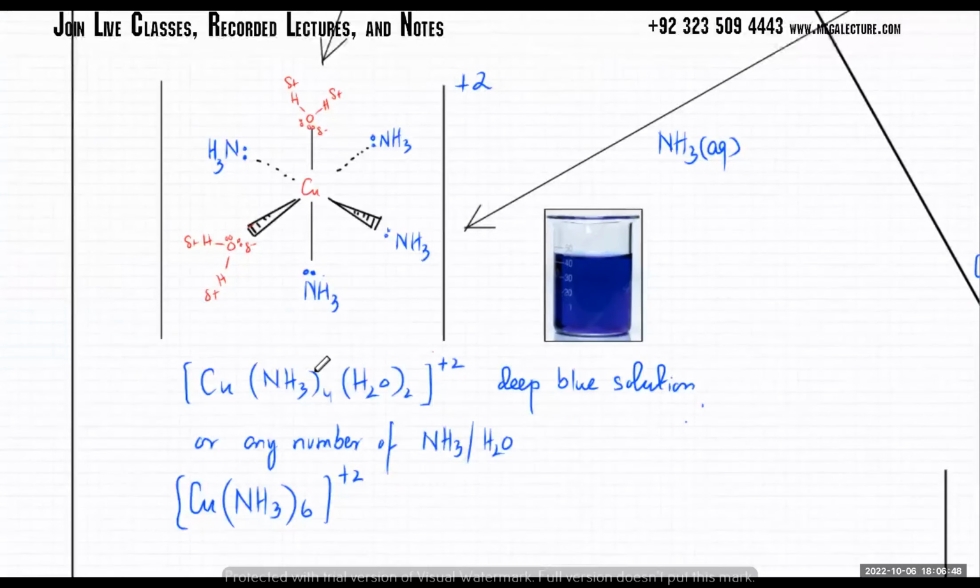So there could be 4 NH3s and 2 water molecules, or 5 NH3s and 1 water molecule, or all 6 of them NH3s. Any number of NH3 and water, as long as the total comes out to 6. And this is a deep blue solution. This is the color of the solution.